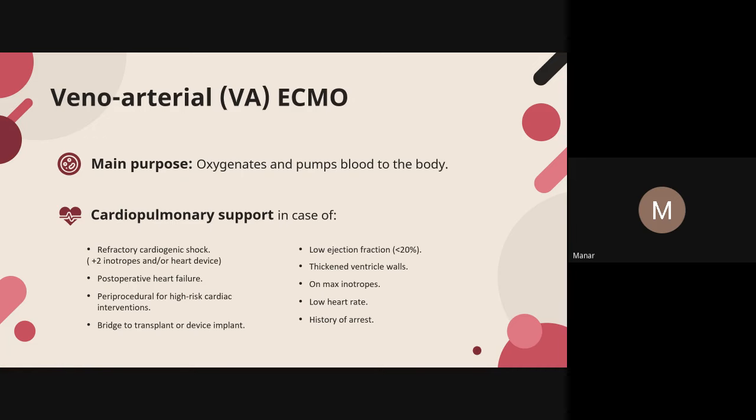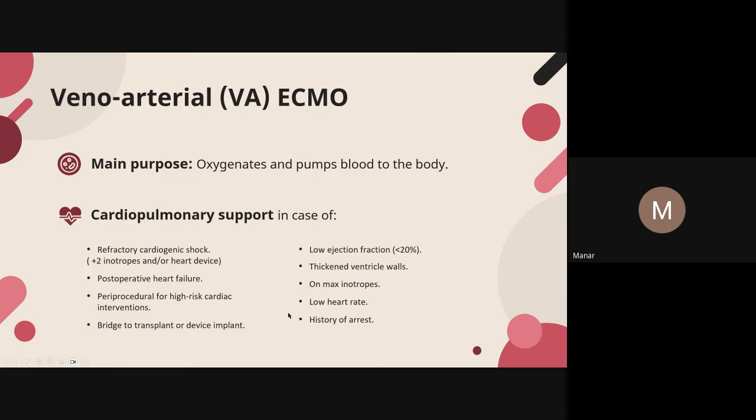We can also use it in post-operative heart failure, and peri-procedural for high-risk cardiac interventions. That just means that we can use it before, during, or after any cardiac interventions. We can also use it as a bridge to transplant or device implant.